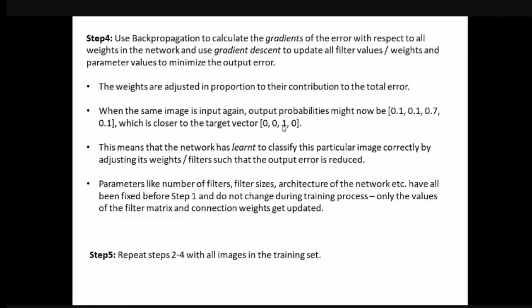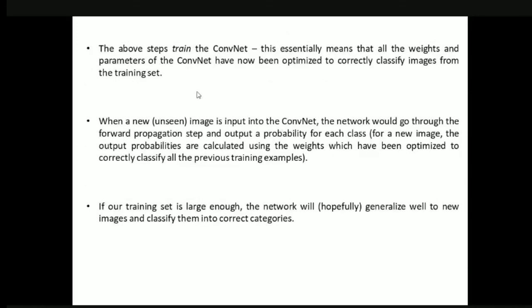By applying this process repeatedly, our network will be trained with all the images in our training set. So finally, when we give a new input image, it tries to classify that image successfully. If our training set is large enough, that is, we have trained our network with many images, hopefully our network is going to classify the object in the input image into the correct categories.